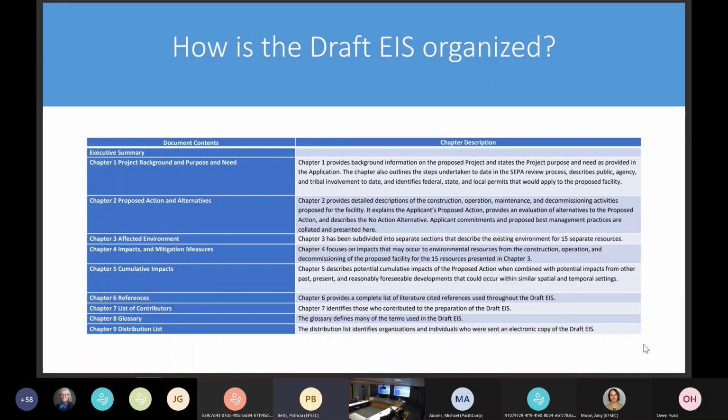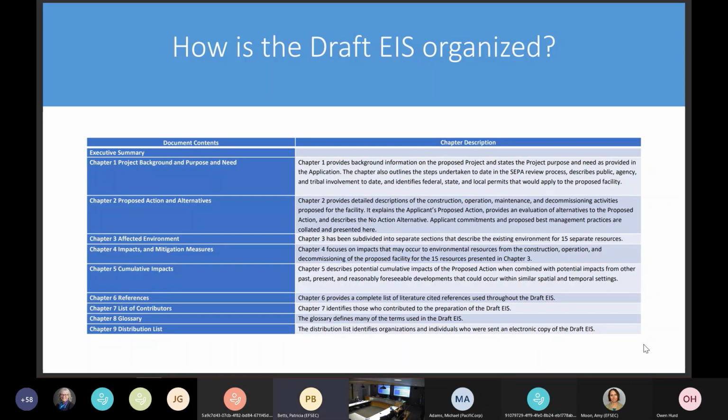Besides direct and indirect impacts, SEPA requires us to consider cumulative impacts and how the proposal contributes to those. So it's a mandatory part of analysis in an EIS.